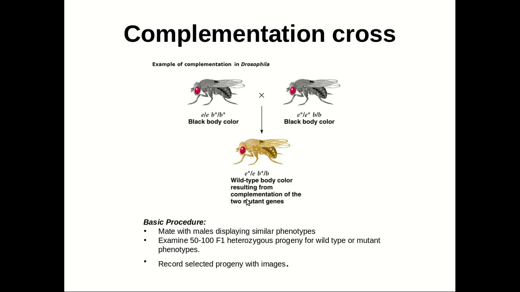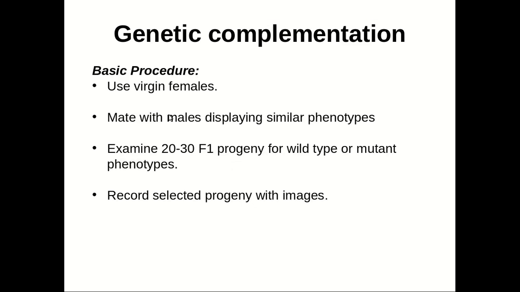That's essentially what you're going to have to do. So remember the order. This is testable material. You have to have virgin females. You mate them with males displaying similar phenotypes. Notice it didn't say identical. And then you examine some flies and record the results.